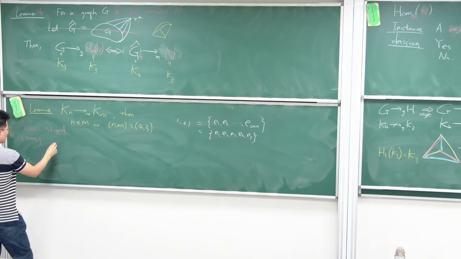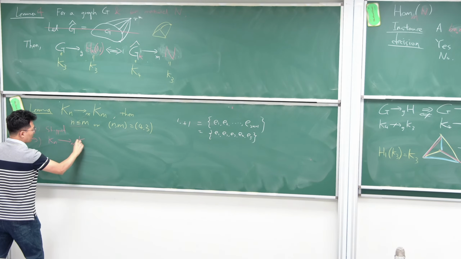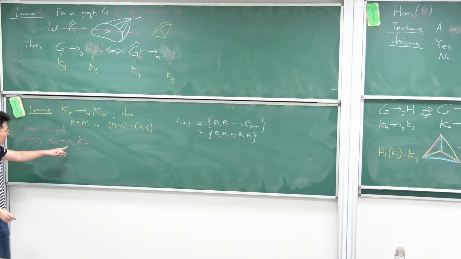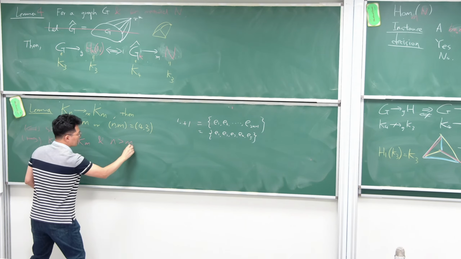And suppose there's a matroid homomorphism from K_n to K_m, and n is bigger than m.